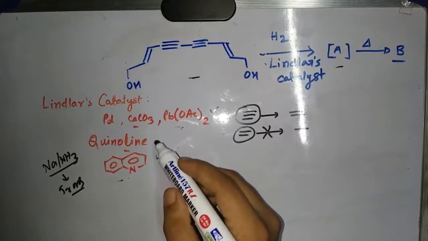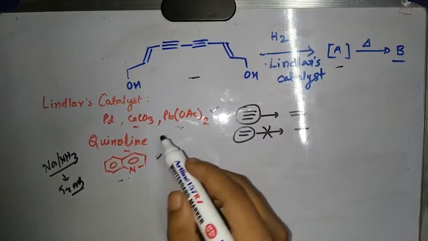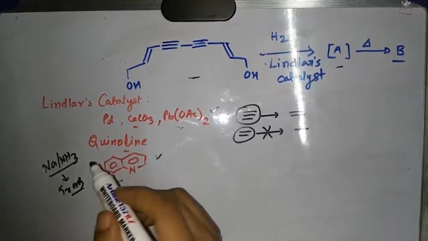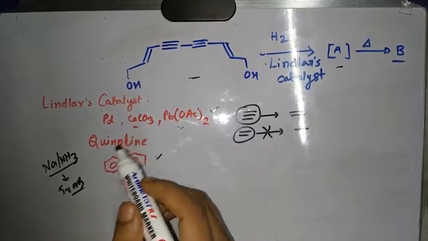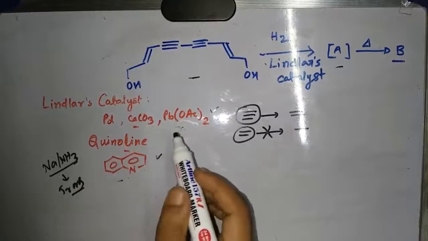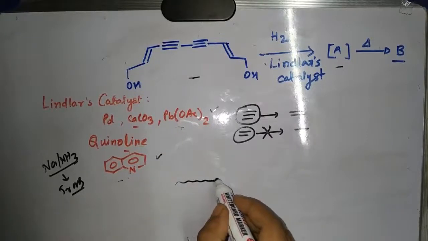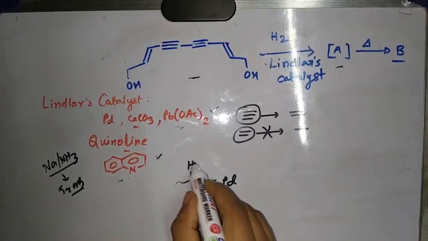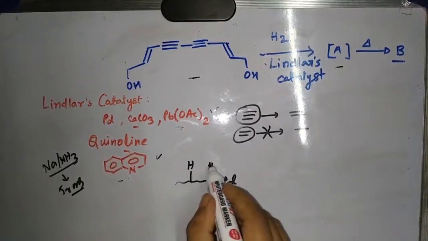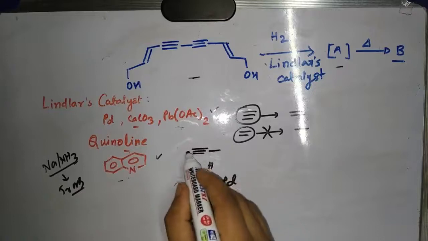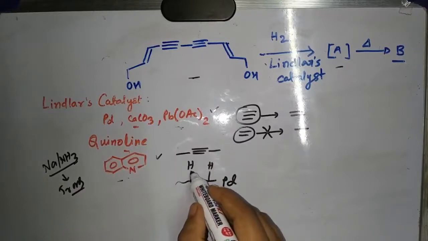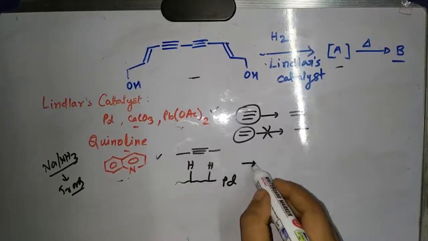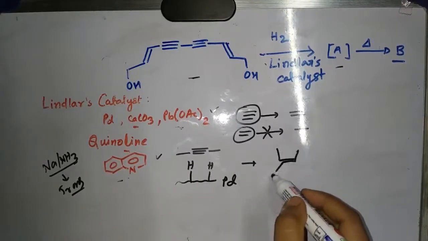The structure is not really known, like Raney nickel, but we can say the metal has been modified in a particular way to provide a desirable set of properties. This palladium has a surface, and when it adsorbs hydrogen, the hydrogens sit like this. If any alkyne is treated with this, it will add in a cis manner, because both hydrogens are in the same direction. So syn addition will happen and we get this product.